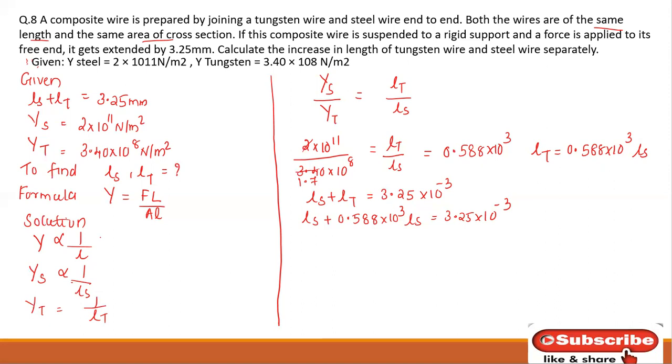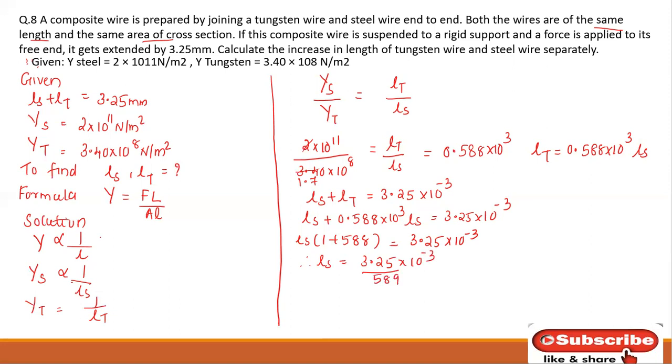Then LS is common. We will get 1 plus 588 is equal to 3.25 into 10 raised to minus 3. That is, 1 plus 588 is 589. 589 LS is equal to 3.25 into 10 raised to minus 3. Therefore, LS is equal to 3.25 into 10 raised to minus 3 divided by 589.